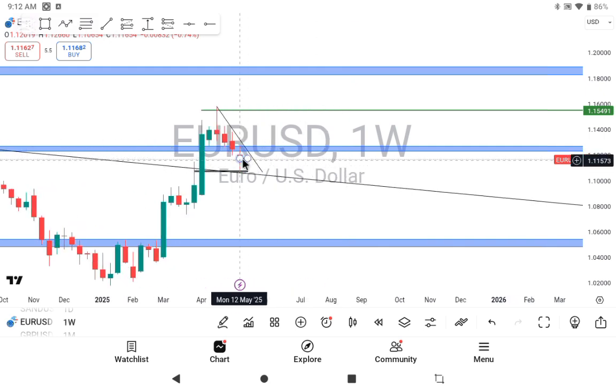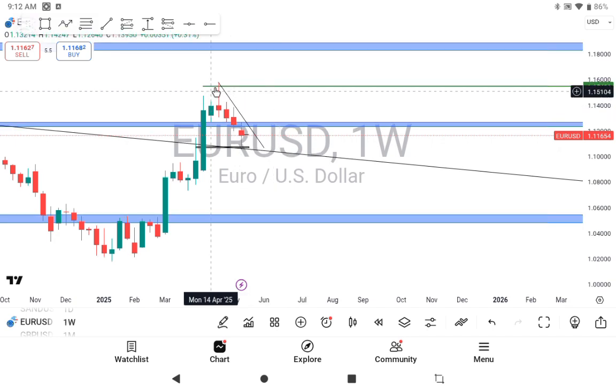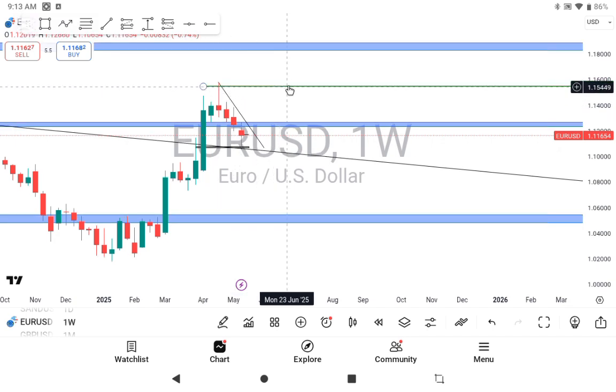So price might break out of this trend line and attempt this green bar. If this green bar of resistance is taken out, Euro USD will come right here. But when price gets here and is unable to break out, if there is strong selling pressure right here, price will sell down right here.